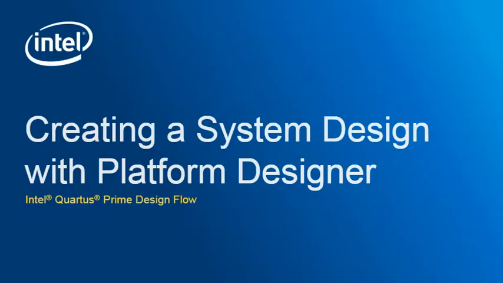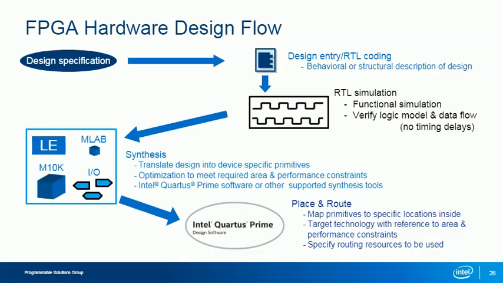With the system generated, you can now incorporate it into the Intel Quartus Prime design flow. Here's the typical FPGA design flow. It starts with coding the RTL according to your required specifications, followed by an RTL simulation to test the functionality of the design.